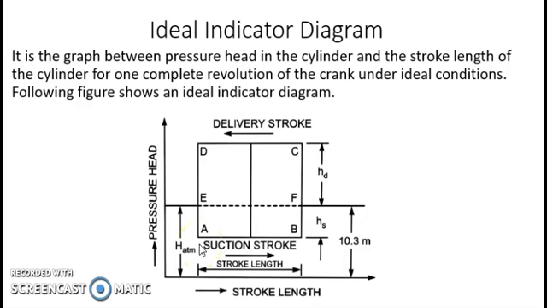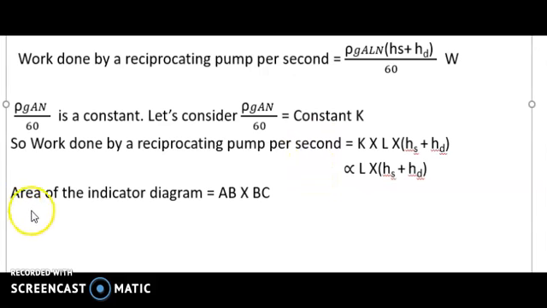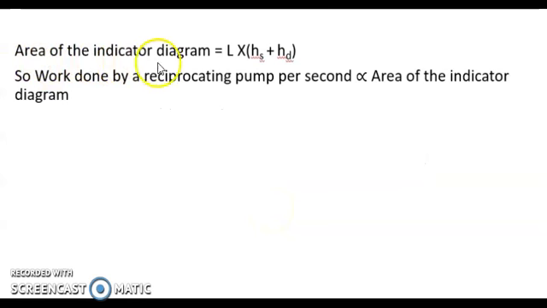The area of this indicator diagram is equal to AB into BC, and we know that this AB is equal to the stroke length L and this BC is equal to HS plus HD. So the area of the indicator diagram is equal to L into (HS plus HD).